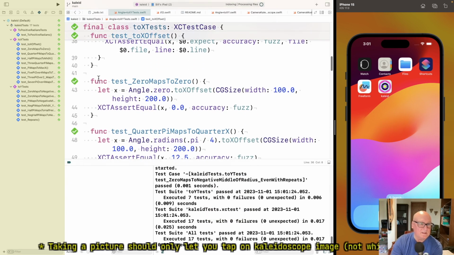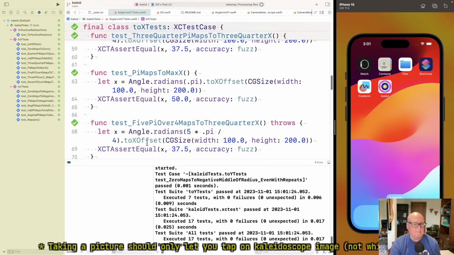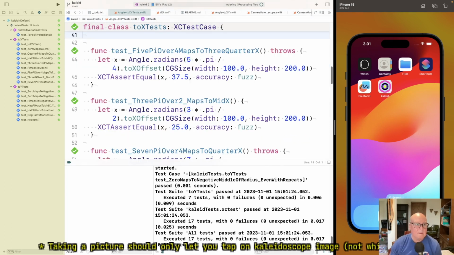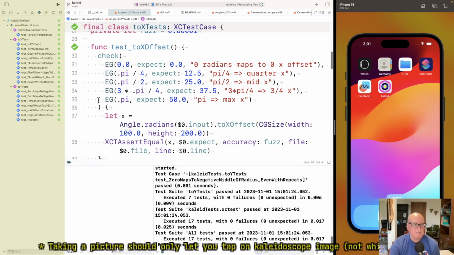Okay, so let's take out 0 to pi once. Five pi over 4 goes to 3 pi over x.